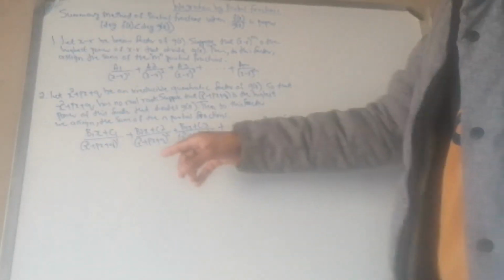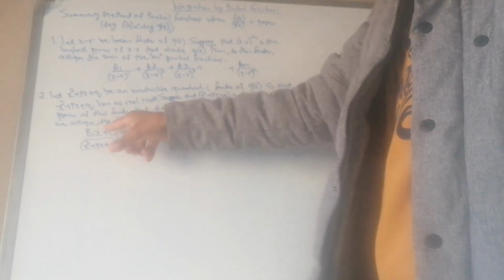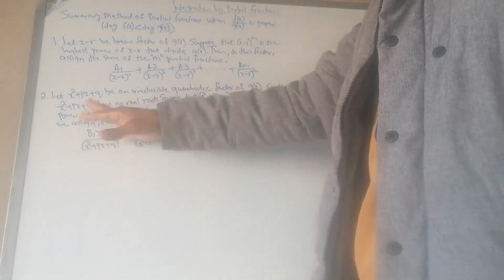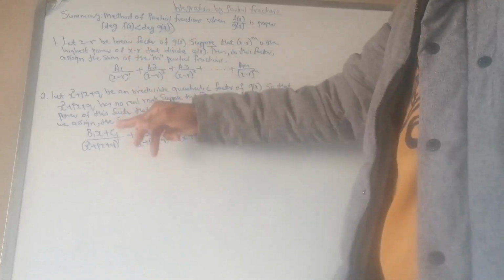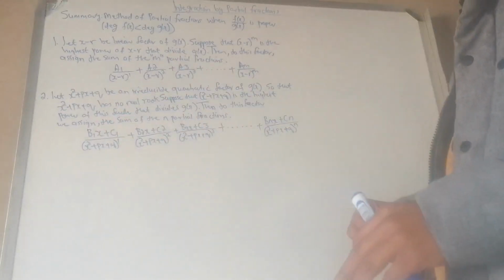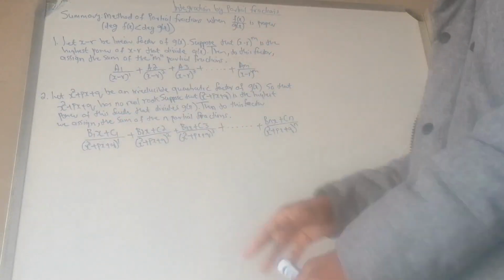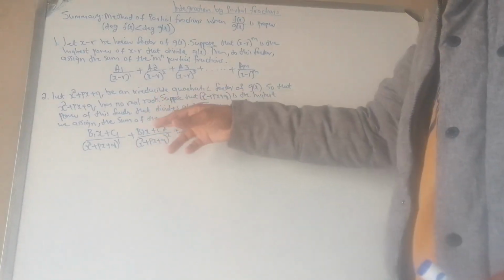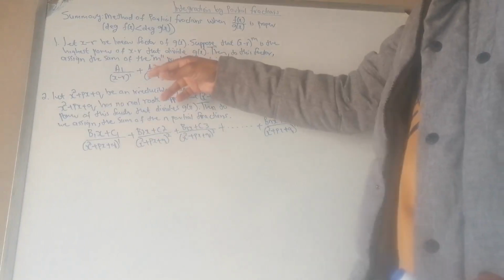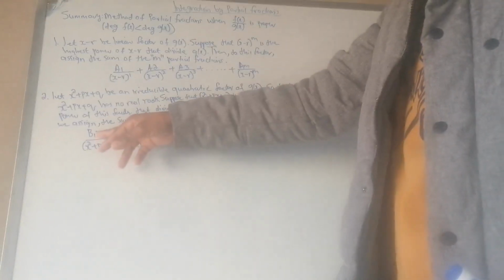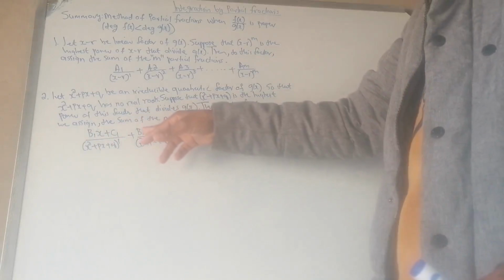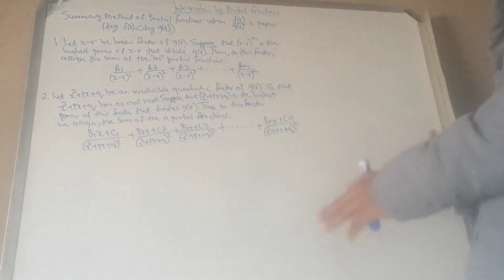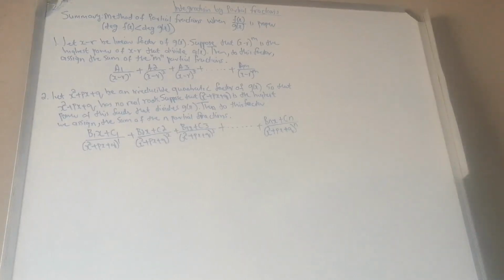So let's say for the first one, B1x plus C1 as the numerator, in comparison with A1. For the second, this will be B2x plus C2, then B3x plus C3, and so on and so on.